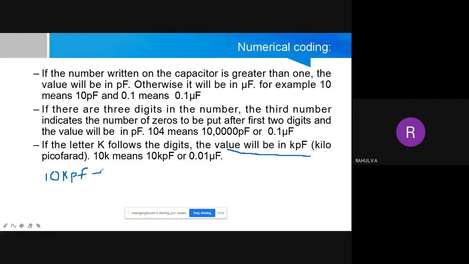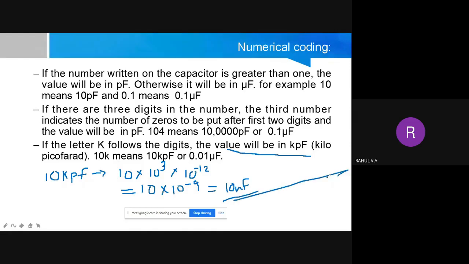Again we have to simplify. 10 into kilo means 10 raised to 3, as we have just done. 10 into 10 raised to 3 into pico, which is 10 raised to minus 12. So again 10 into 10 raised to minus 9, that is nothing but 10 nanofarad. So that is the value.